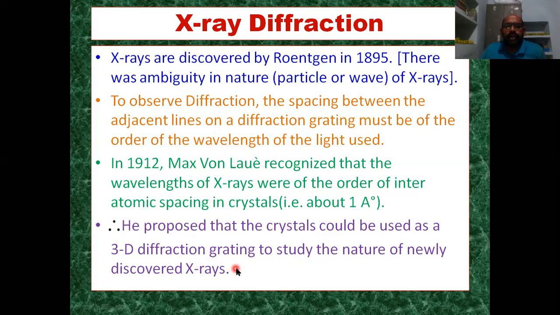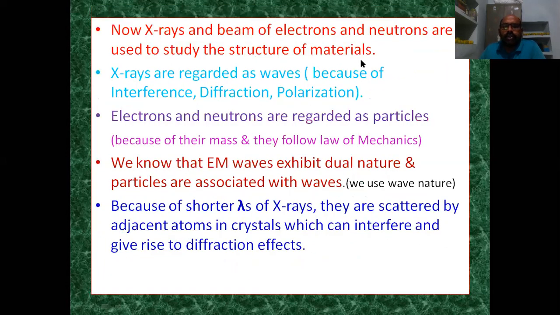So in that way, the nature of X-rays is studied, and the X-rays exhibit diffraction, and X-rays also exhibit the polarization and interference phenomena. So because of these phenomena, it is concluded that X-rays are waves.